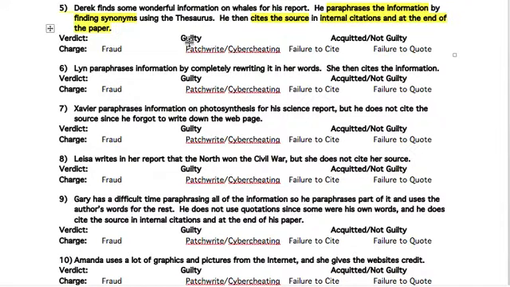But he's still guilty. He is guilty because what he is doing is called patch writing or cyber cheating. Patch writing means that it's pretty much the same, but you only change a couple words. And that is actually what most students get zeros for, is because they're doing patch writing.